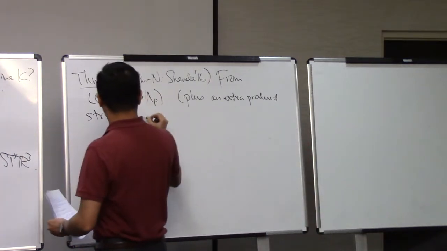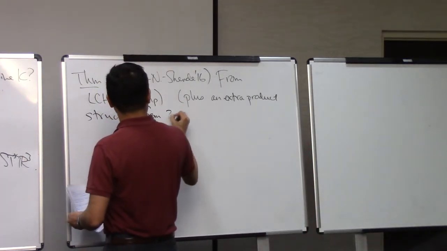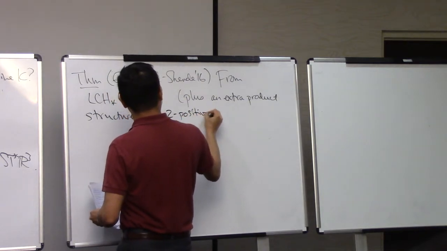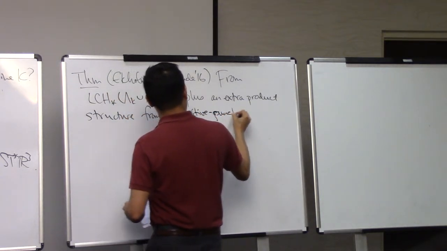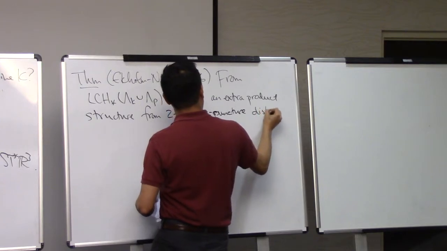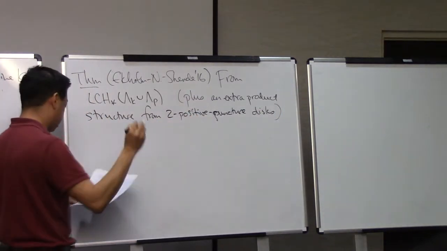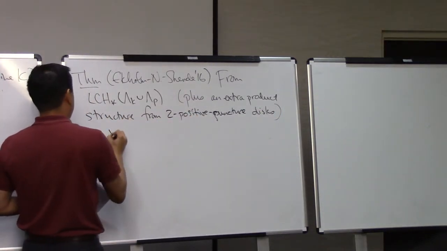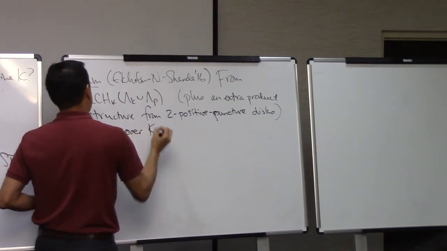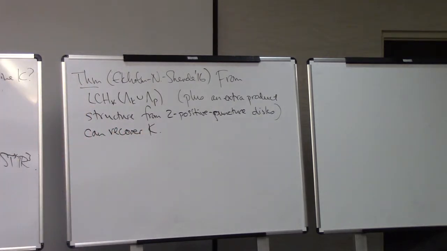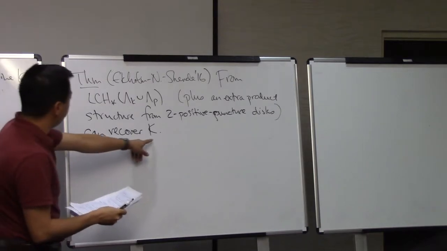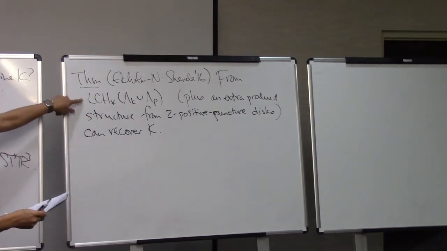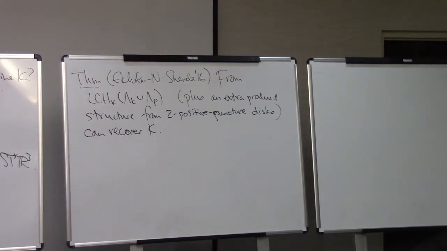From two positive puncture disks, we can recover K. That is to say, the type of the knot K is completely determined by this algebraic information.